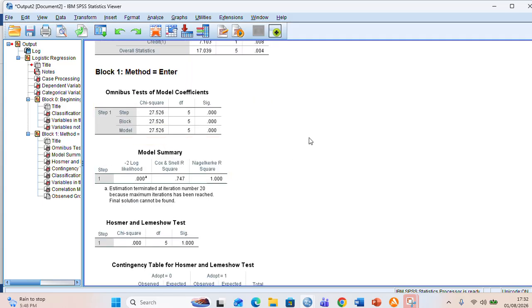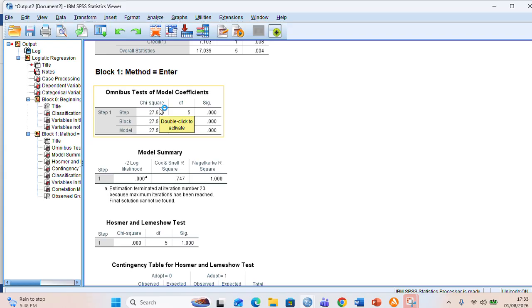So the first important table that you need to look at when it comes to logistic regression is the Omnibus Tests of Model Coefficients. For you to interpret this table, you look at the chi-square, degrees of freedom, and then significance. So how do you write this interpretation?